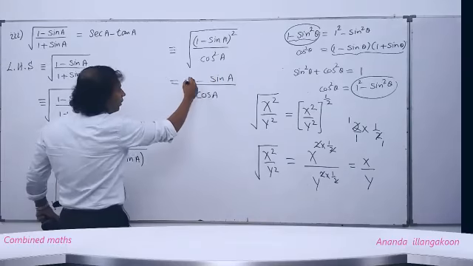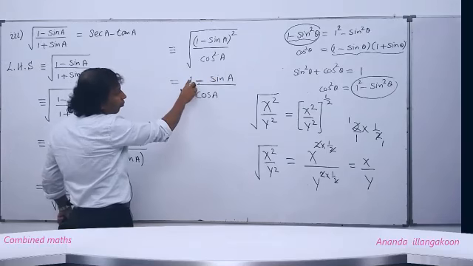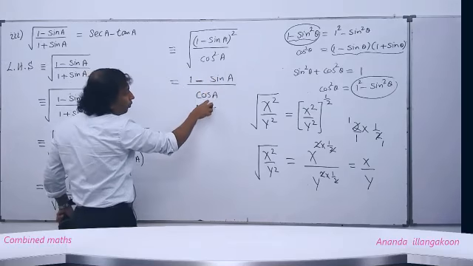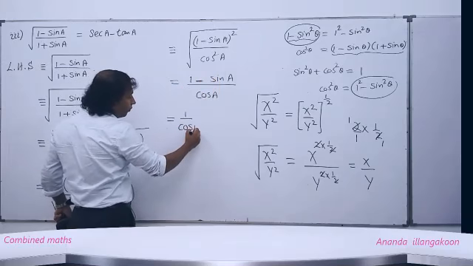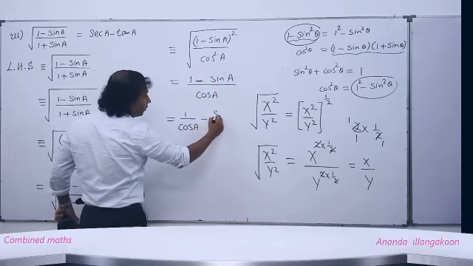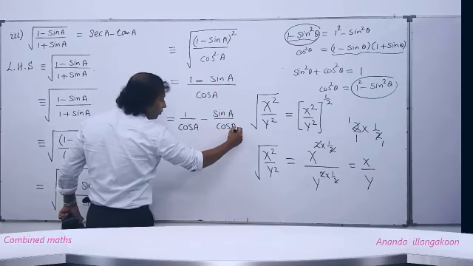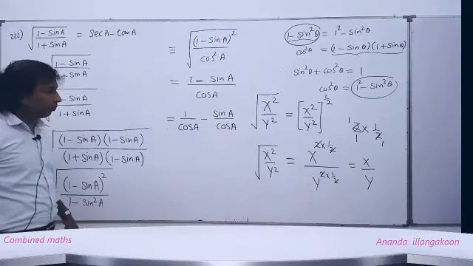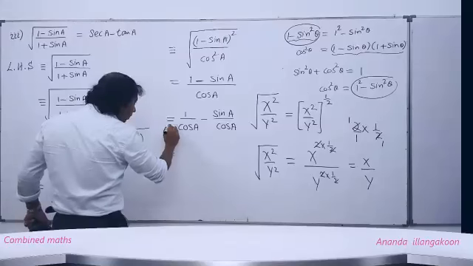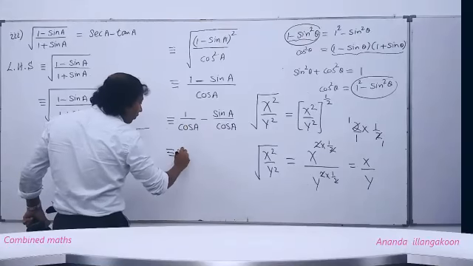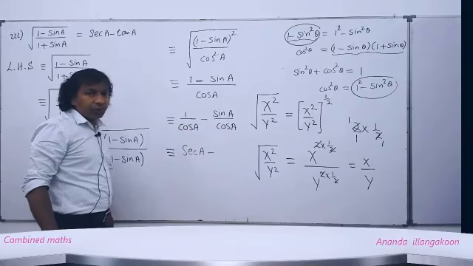Then you can see here, this 1 and sin a both we can divide by cos a. Now what do you get? 1 upon cos a minus sin a divided by cos a. So therefore, this is now sec a. 1 upon cos a equals sec a. Sin a divided by cos a means what, people?